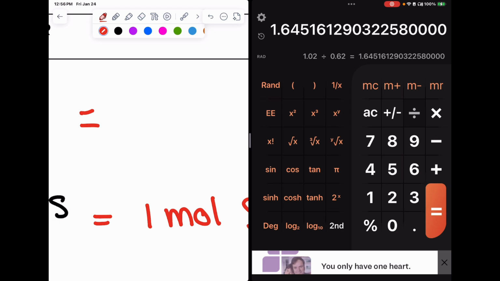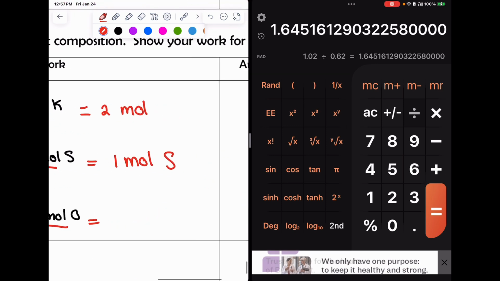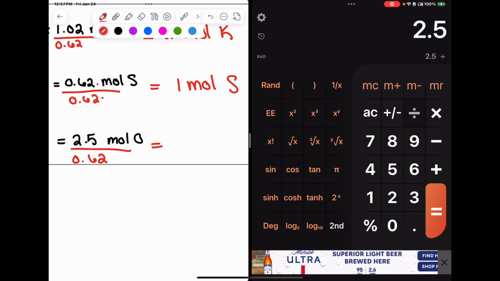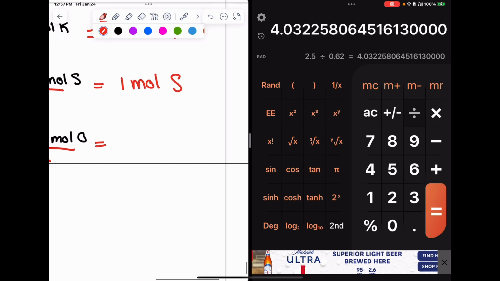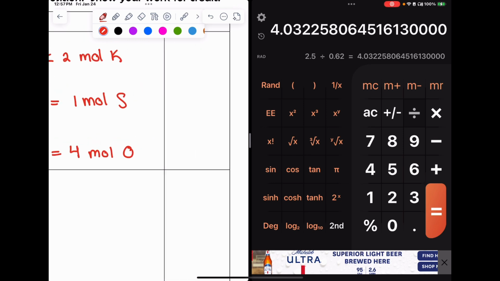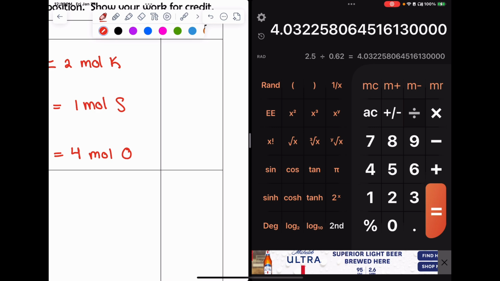Now we want to round to the nearest whole number, so this would actually round up to 2 moles of K, potassium. And then the last one, oxygen, 2.5 divided by 0.62 gives us 4.03, so 4 moles of oxygen. And if you were to put this together, that means we should have 2 Ks.